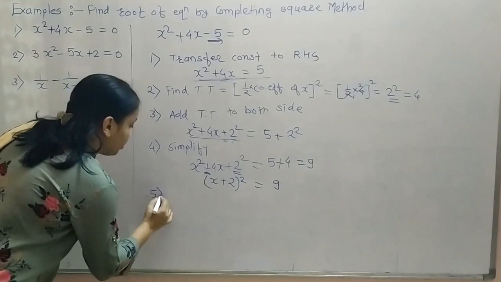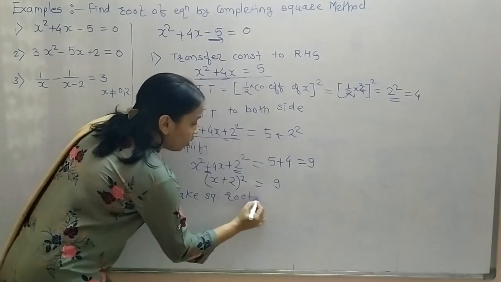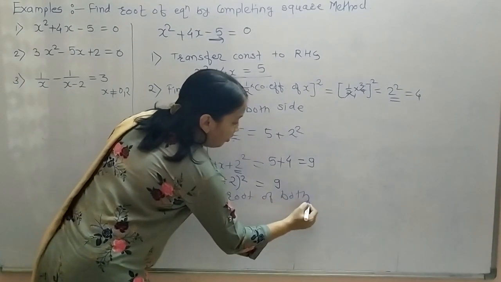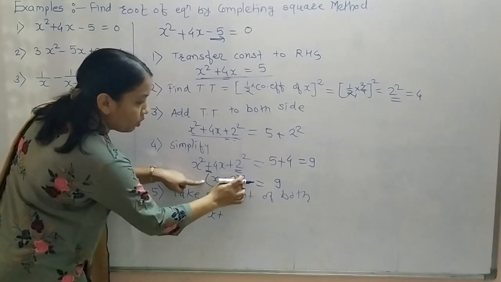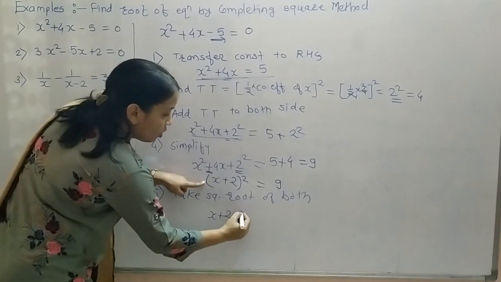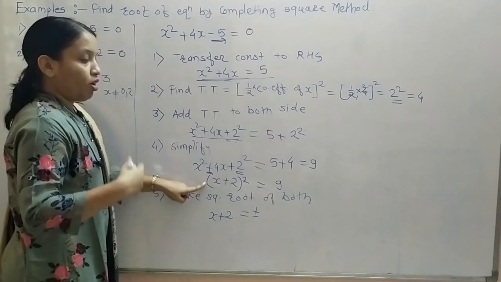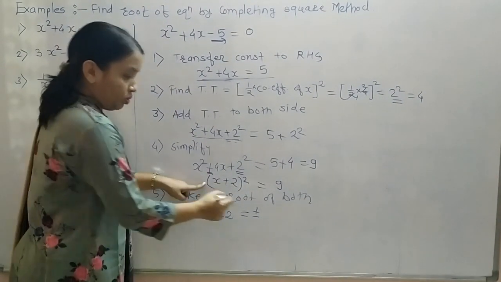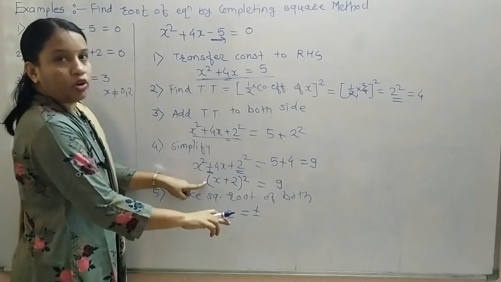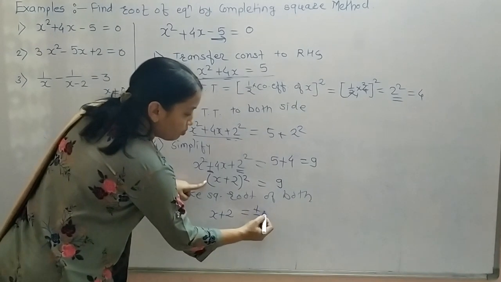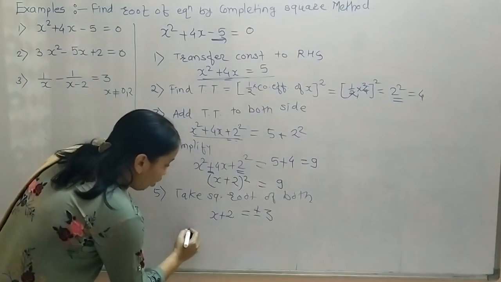And now the last step is to take the square root of both sides. Here this is a complete square, therefore the square and square root get cancelled. It will be x plus 2 is equal to plus minus, because for a number, the square root of 9 is also -3 as well as positive 3. We take plus minus 3. Now solve for x.